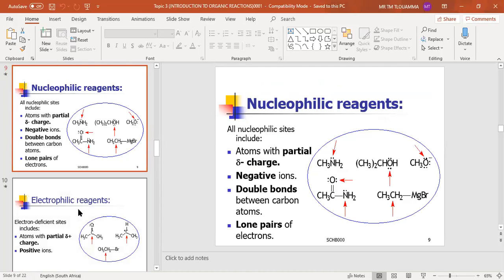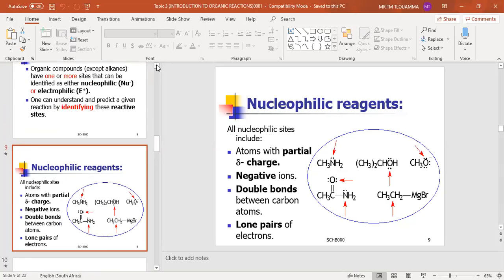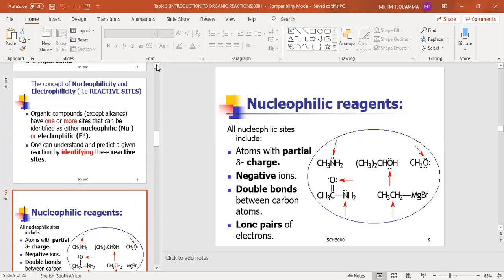So in this case, they have given you the nucleophilic reagents. Can you see them? The nucleophilic reagents, remember, they are Nu, which is negative, and they have a tendency of what?